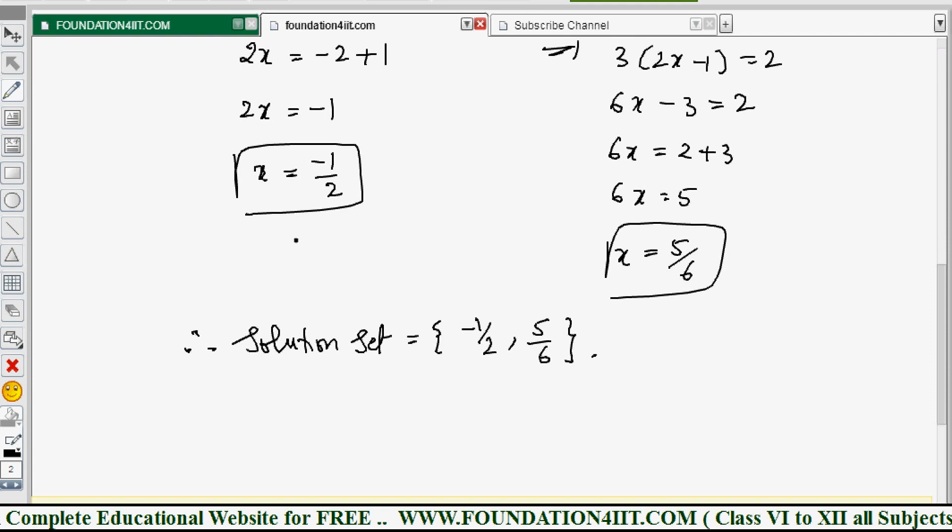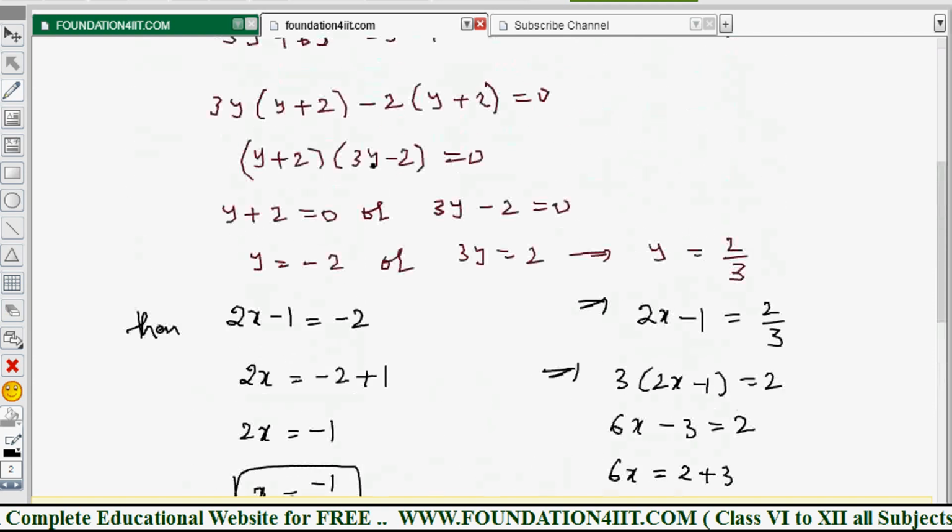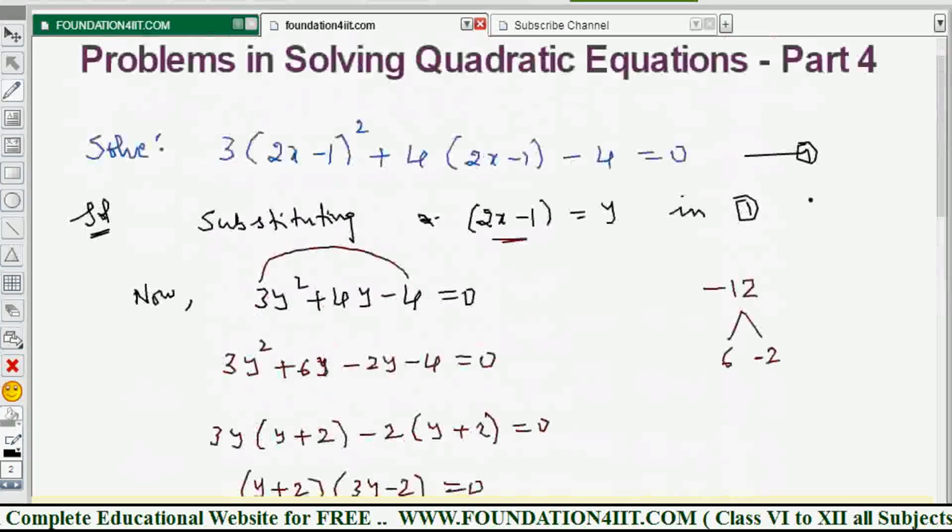The main important thing is, whenever you see problems in this category, whenever the same expression is within the bracket like in the previous example, convert it into some other variable and general form, solve it, then after getting the solution set in terms of y, substitute the value and simplify to get the value of x, right?